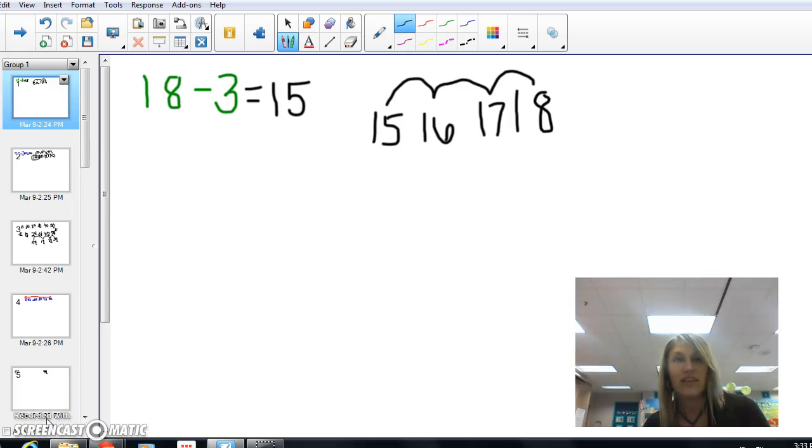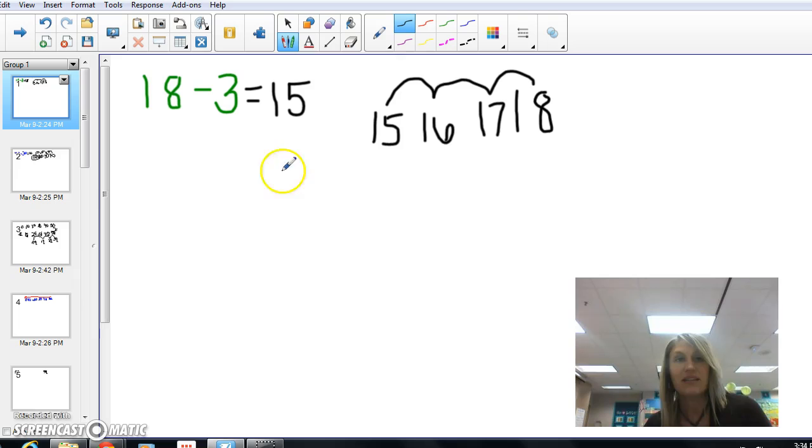All right, boys and girls, I think we're ready to take this a step further with our takeaway number line method. We have already reviewed how we can do the takeaway method using jumps of just 1. We did this in the beginning with an example like 18 minus 3.